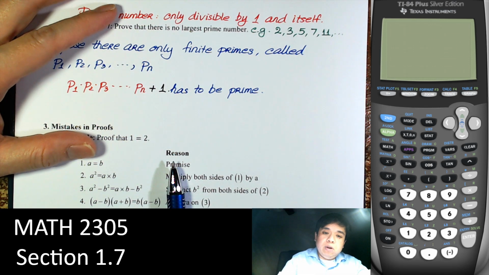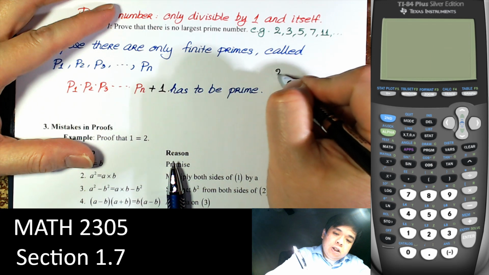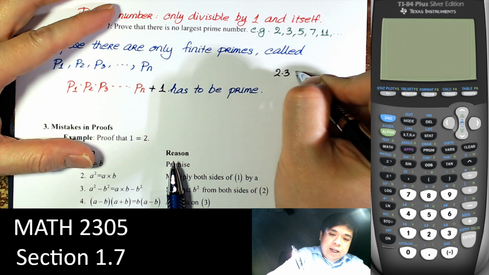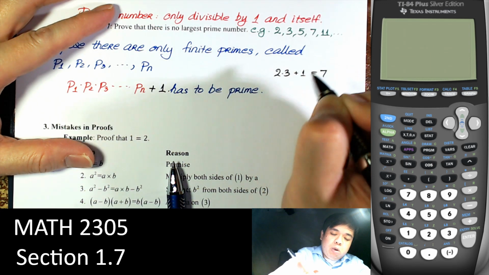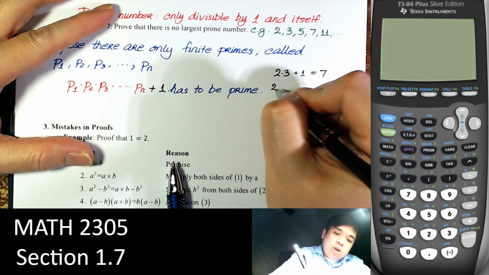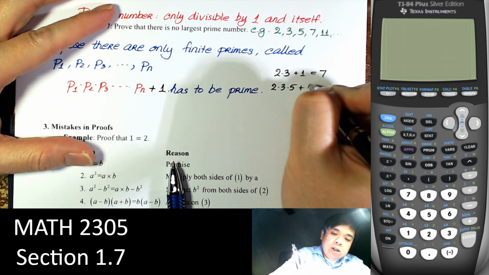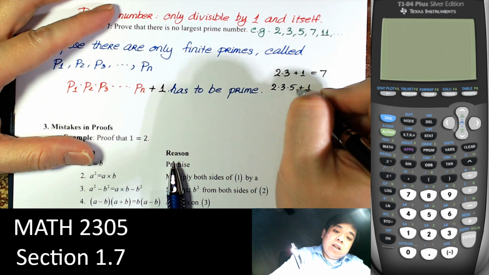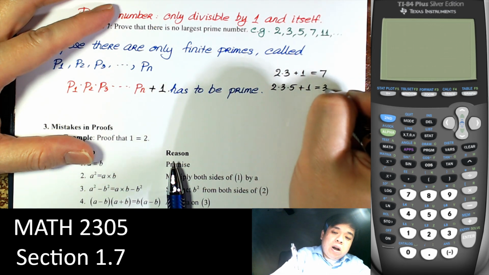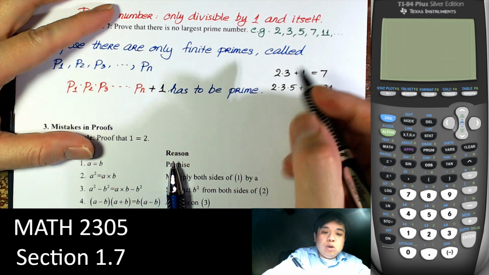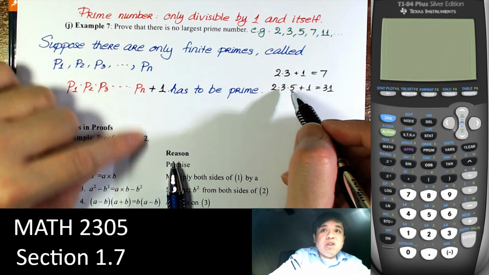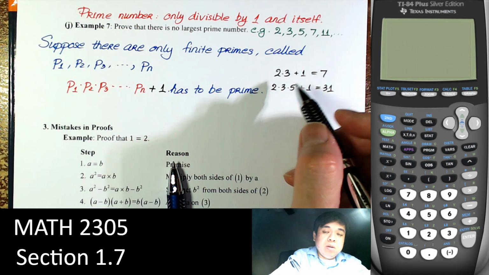For example, if you take the primes 2 and 3 and then add 1, that's 7, which is a prime number. Or take 2 times 3 times 5 plus 1: 2 times 3 is 6, times 5 is 30, so that's 31, which is also a prime number. So by adding 1, we make it not divisible by any of the prime numbers that we know.